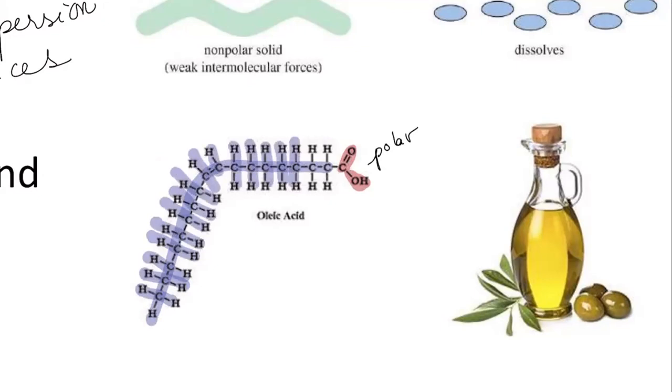What is covering more area, the polar part or this area that is non-polar because it is a hydrocarbon? Which one is larger? Great, the non-polar. So even though this molecule has polar and non-polar parts, the non-polar portion is so large that the molecule is going to be considered non-polar overall.